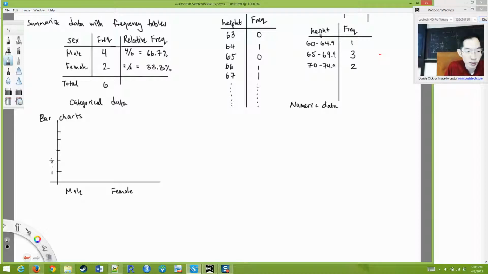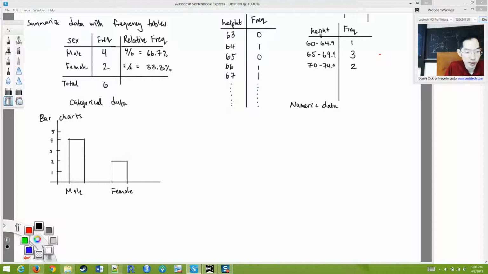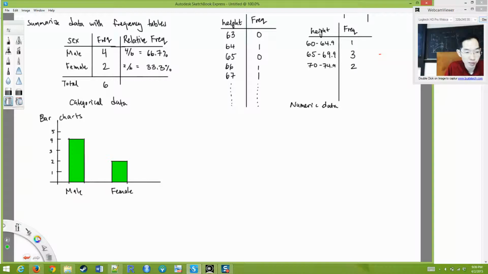So I go 1, 2, 3. These numbers should be equally spaced out. They're not exactly. And so I have 4 males and 2 females. And maybe I'll fill this in. And so that's bar charts, okay?